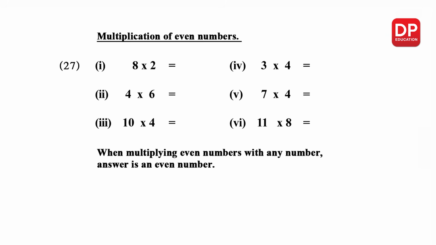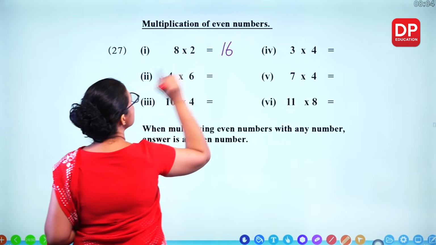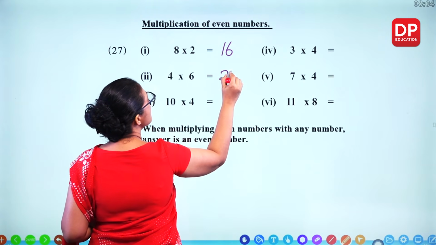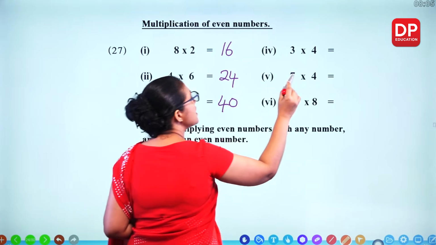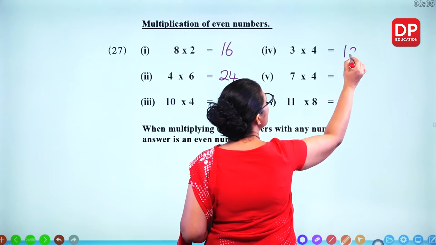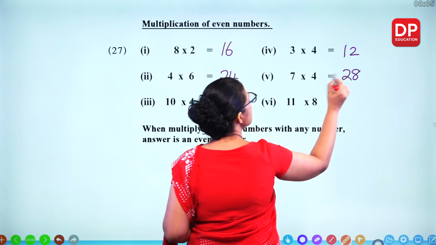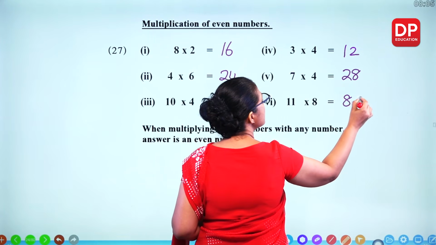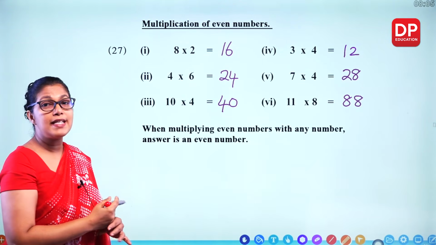Multiplication of even numbers. 8 times 2, 16. 4 times 6, 24. 10 times 4, 40. 3 times 4, 12. 4 times 7, 28. 11 times 8, 88. Now, the answer is always even.